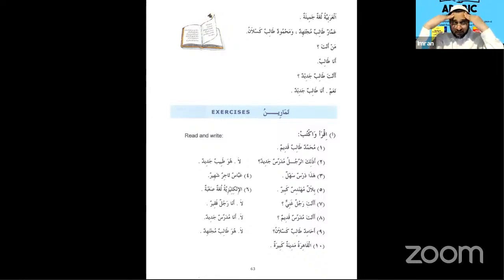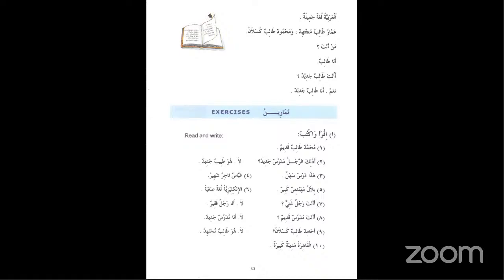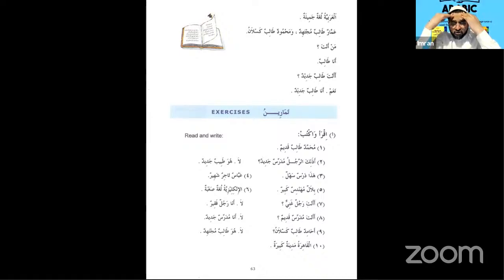So when I say Muhammad, the old student, the words at-talib and al-qadim become adjectives of Muhammad, which is the mubtada. Muhammad, the old student. What about him?